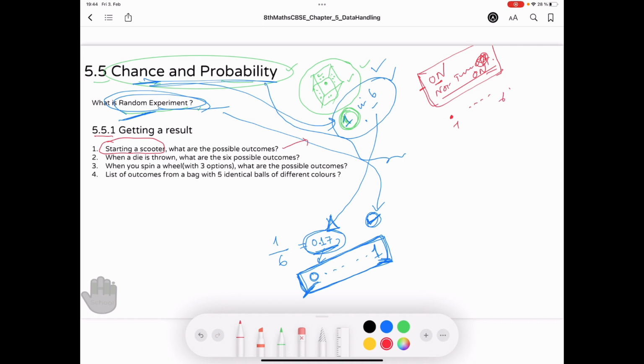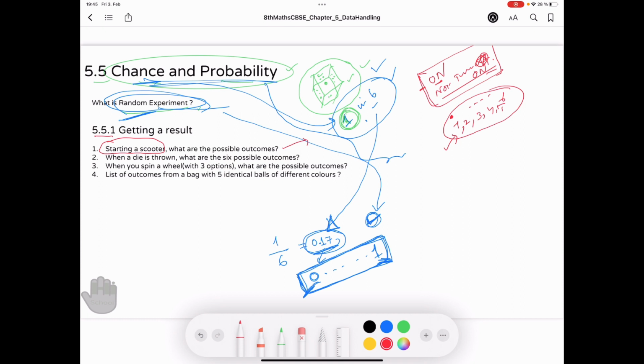So there are 6 possible outcomes. Either 1 can come, 2 can come, 3, 4, 5, or 6 can come. So the result can be any of these. So there are 6 possible outcomes when we throw a die.